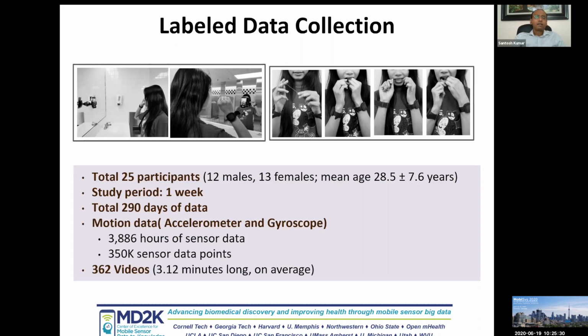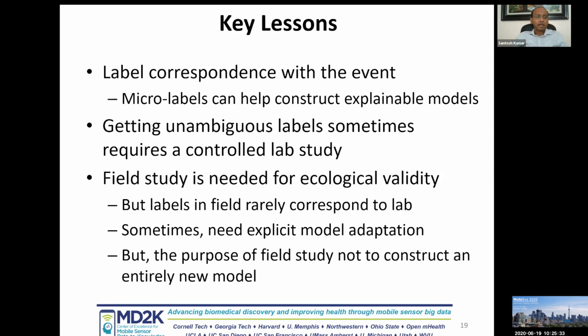So our key lessons in the data collection were that we need to have the label correspondence with the event, and many times labels can help. Getting unambiguous labels sometimes requires a controlled lab study, but field study is needed for ecological validity. And as I'll explain, given what I've seen in some of the papers, labels rarely correspond between field and lab, and so we need to have explicit model adaptation.